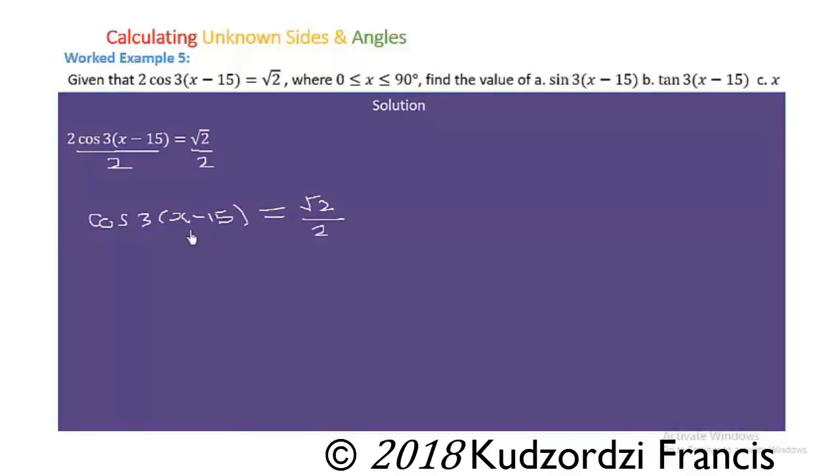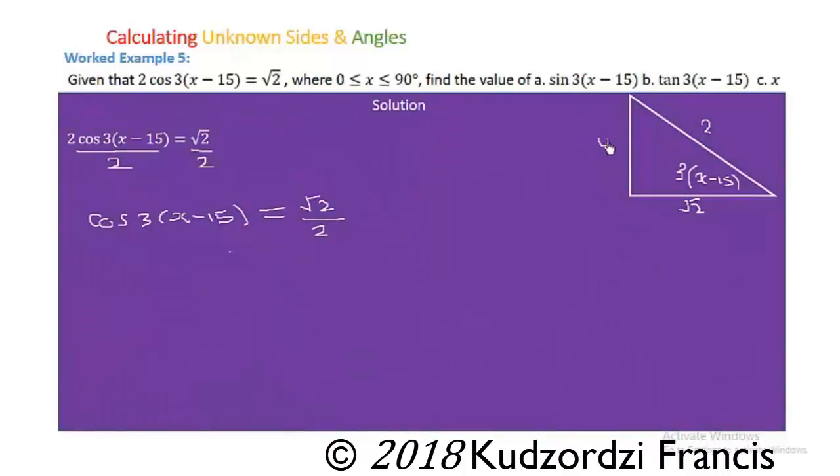So we need to represent this. Consider this whole thing as an angle. So represent this on a right angle triangle. So the whole angle is 3 into bracket x minus 15. That's the whole angle. Then the adjacent to this angle is root 2, and the hypotenuse is 2.